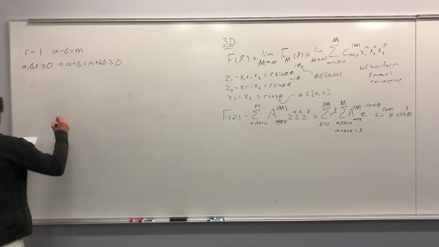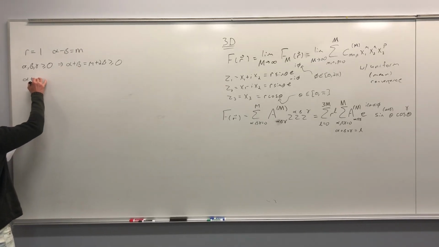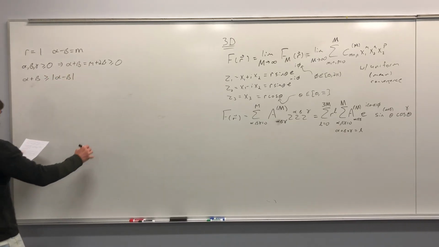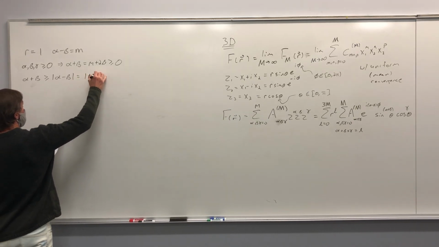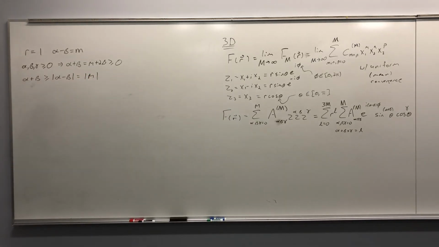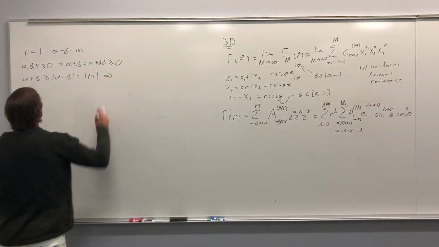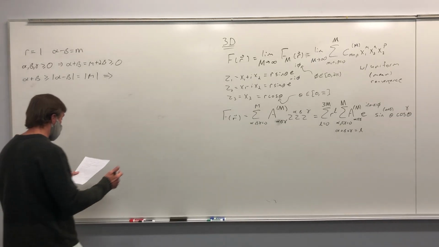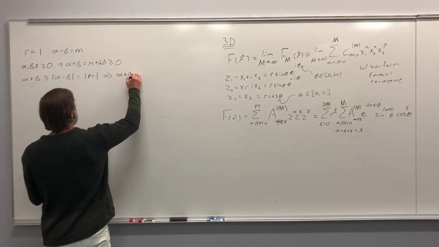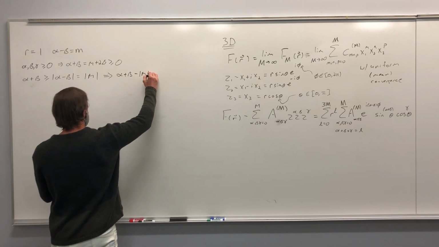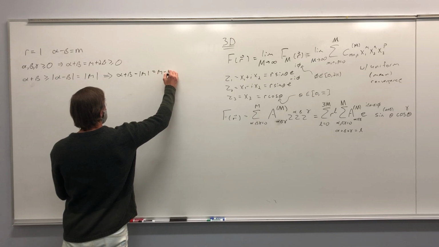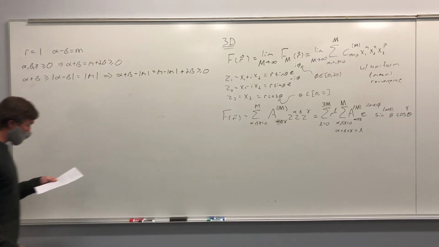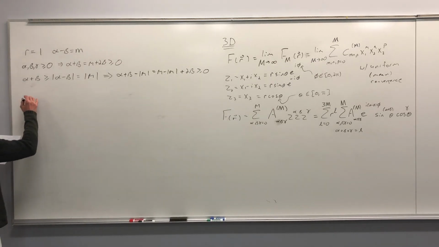And alpha plus beta is greater than or equal to the magnitude of alpha minus beta, which is, of course, the magnitude of m. This should hopefully be obvious. And then this tells us that alpha plus beta minus the magnitude of m, which is m minus the magnitude of m plus 2 beta, is greater than or equal to 0. And now here we go.